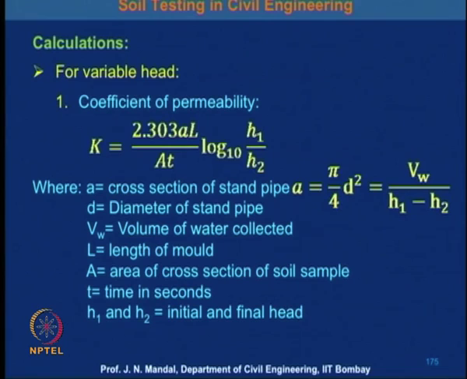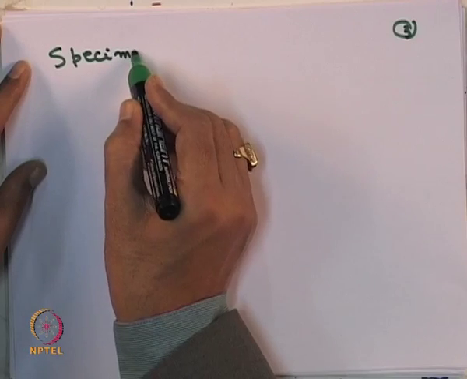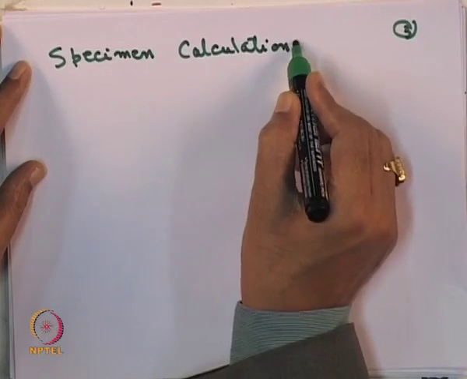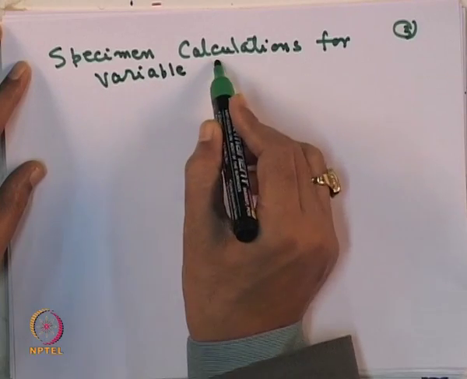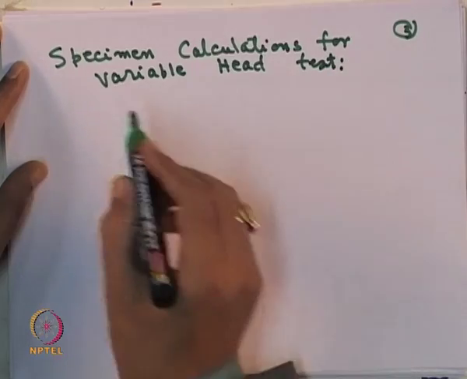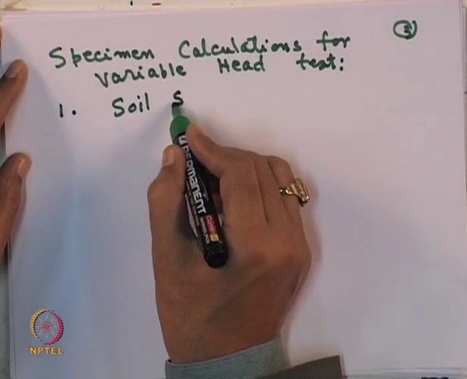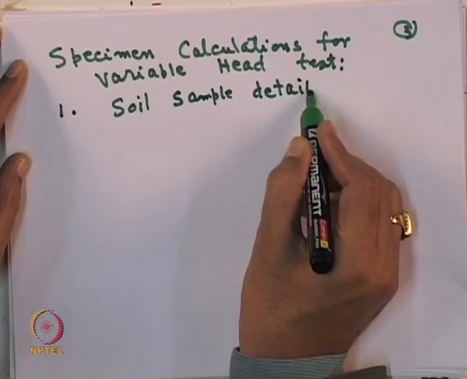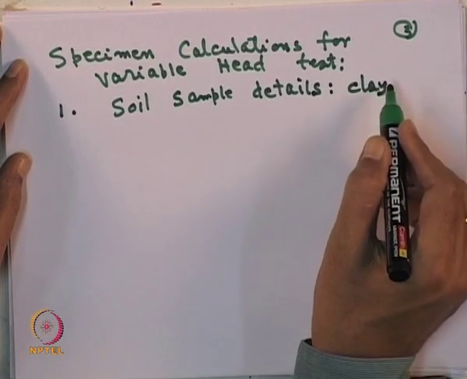Next, I will show you some specimen calculation for the variable head test. First, the soil sample details. Let us say the soil is clay.